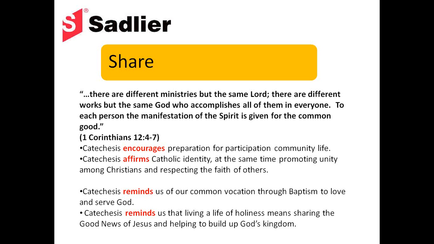So again, if you think of the words that have been in red, we've got the words encourage, affirm, remind, as part of the shared dimension of catechesis. These aren't as easy to put your hands around and grasp as teaching some of the faith key concepts that we try to do with some of the other four tasks.